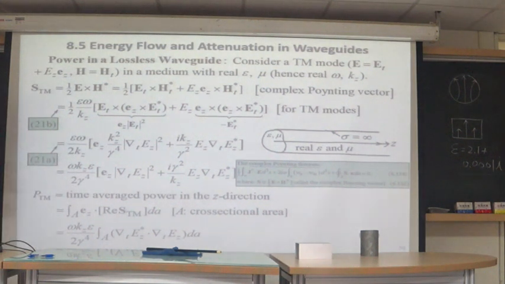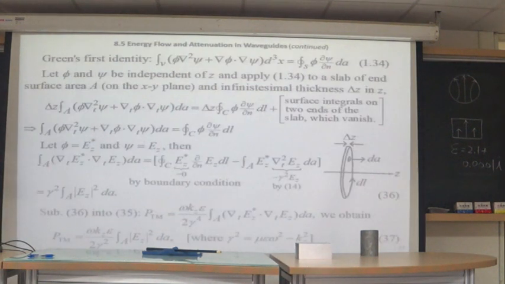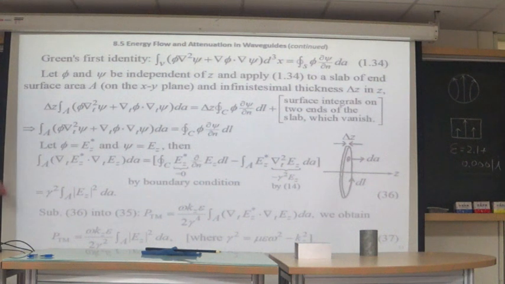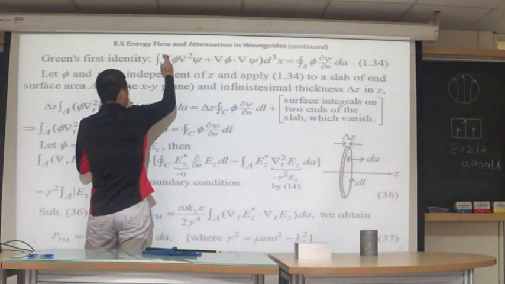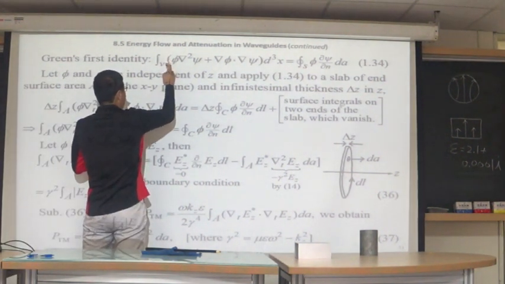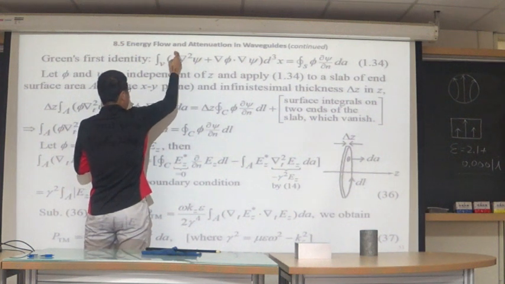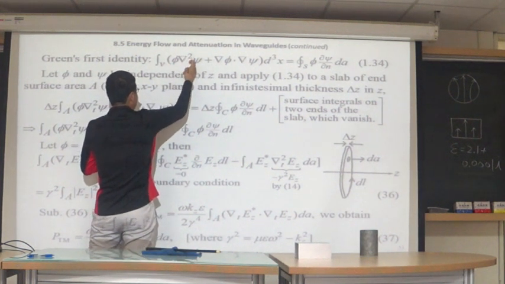What else? Once again, Green's first identity. Remember, the first identity is divergence of phi gradient psi.